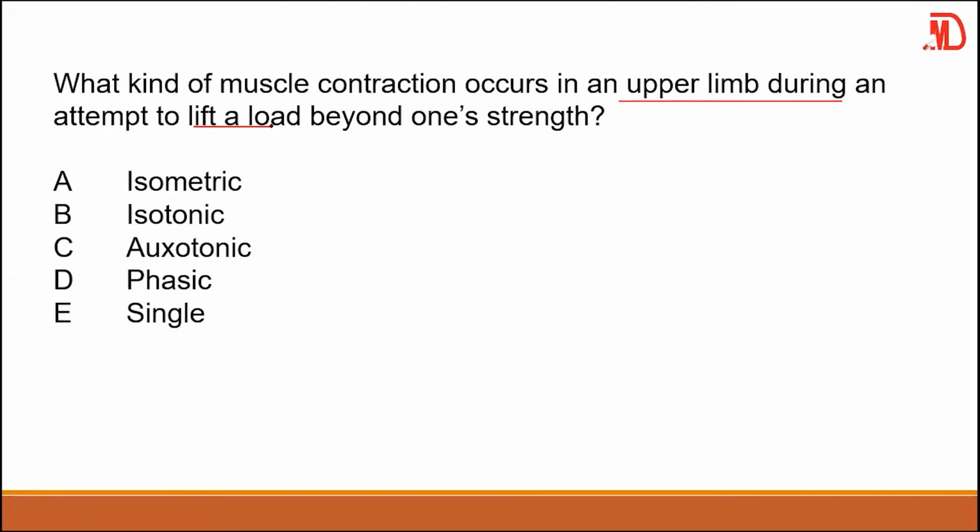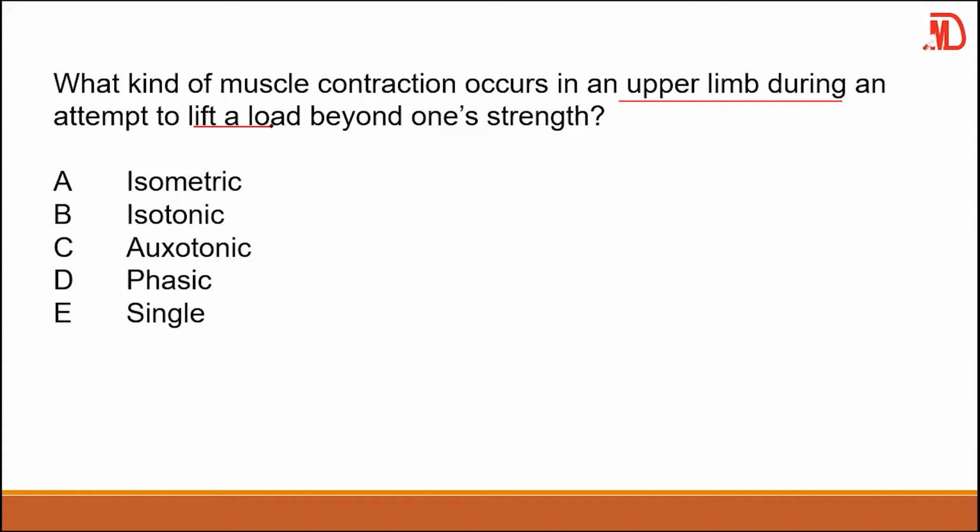Isometric contractions generate force without changing the length of the muscle. You are generating force, but there's no change in the length of the muscle.